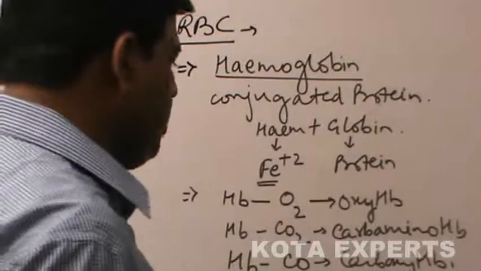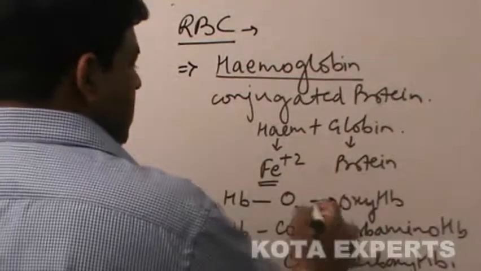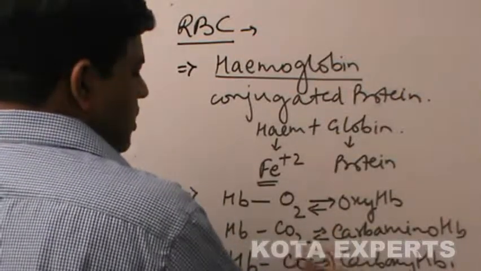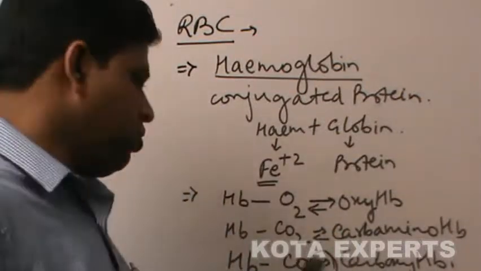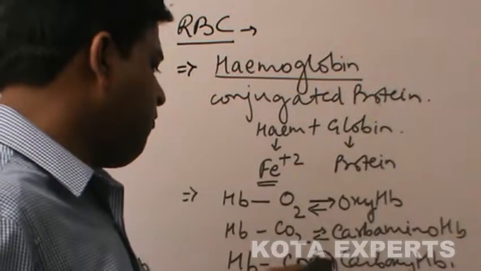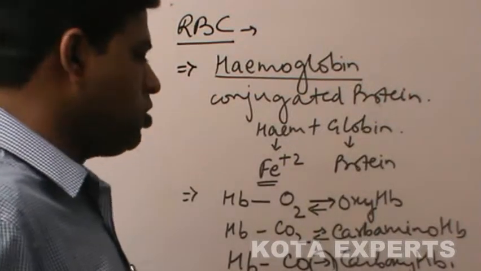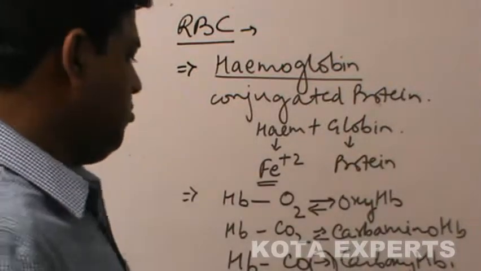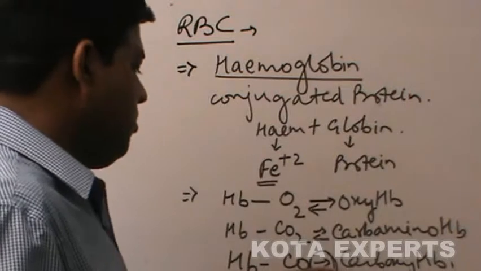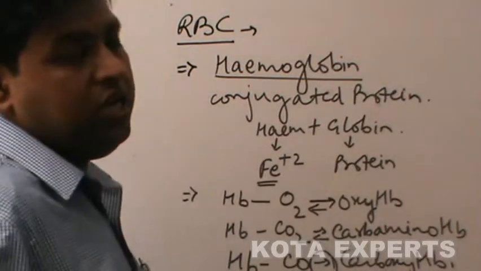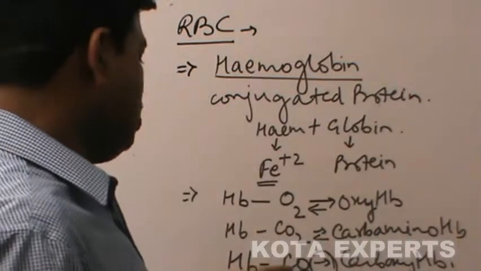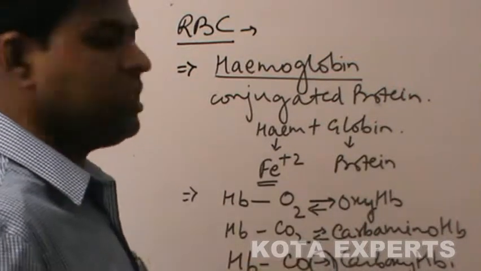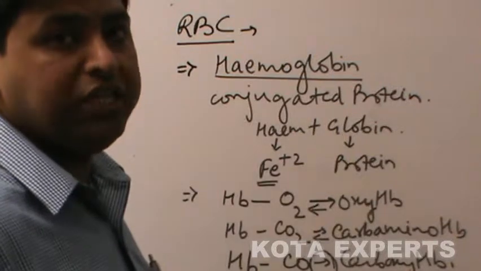But one thing should be kept in mind that the first two are reversible, but this one is irreversible. So hemoglobin binds with the carbon monoxide 200 times more than the oxygen or carbon dioxide, and this is an irreversible bond. So hemoglobin becomes less available when carbon monoxide poisoning takes place.